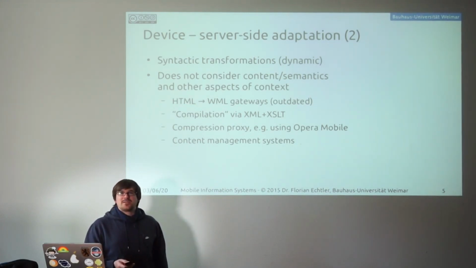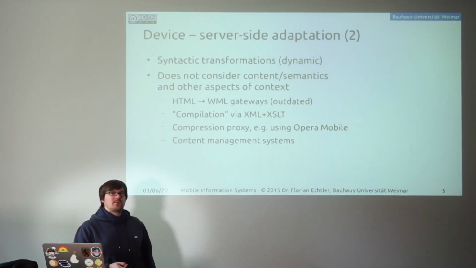And some content management systems also, of course, offer this approach that you have different templates depending on what device you're viewing that site on.